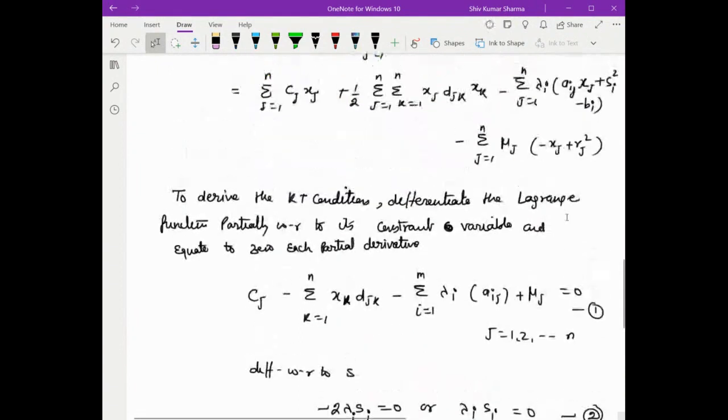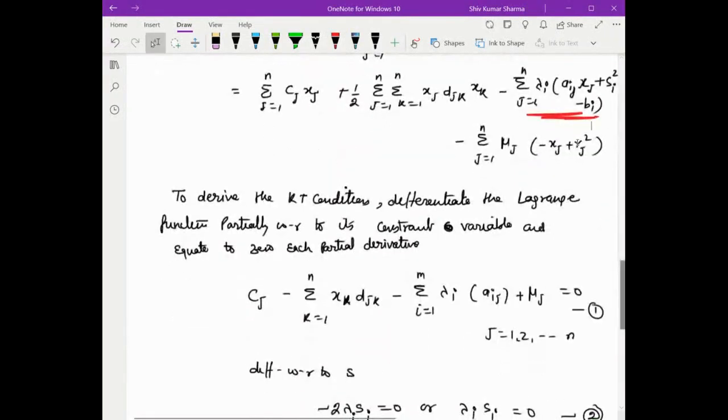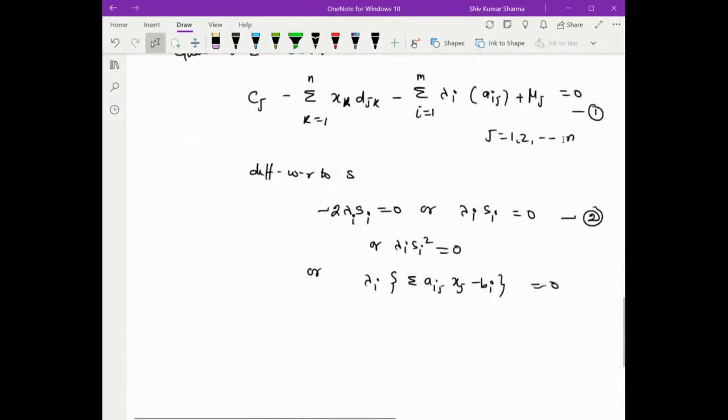So this is equation number 2. We obtained this by differentiating with respect to si, because this involves only si.